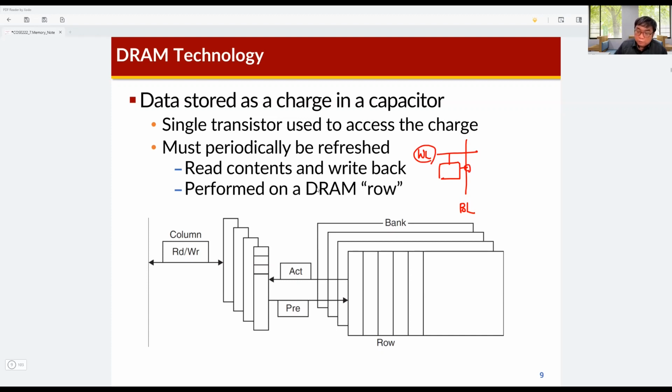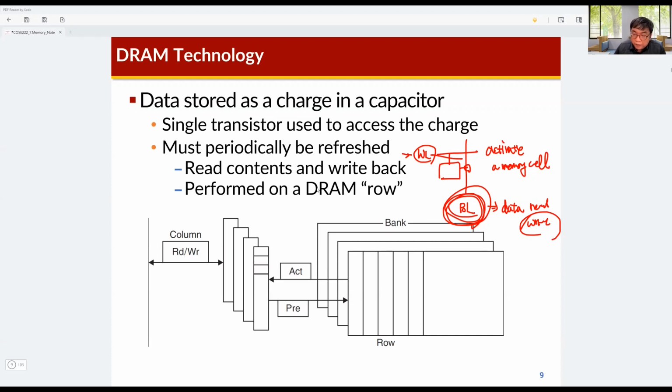We use the word line to activate a certain memory cell, and we use the bit line for data transfer, data read and write. With the word line, the memory cell is activated, and then through the bit line, data can be read or written to the memory cell.